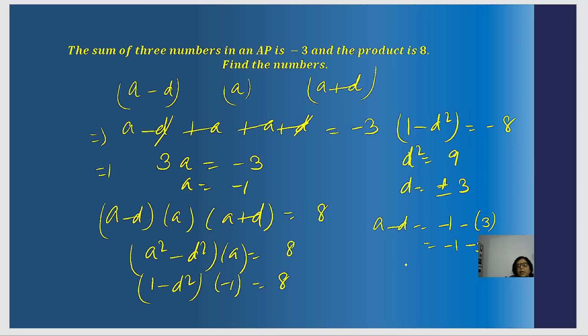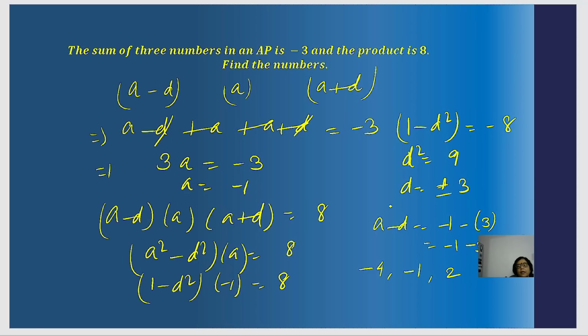So the first term becomes equal to minus 4. The second term is already minus 1, and the third term a plus d is equal to minus 1 plus 3, that will be equal to 2. So these are the three terms.